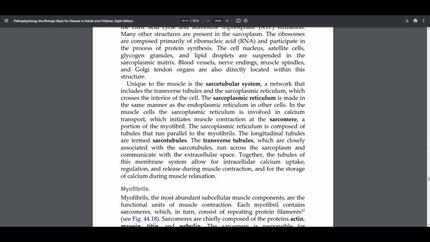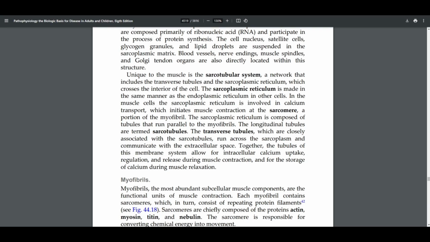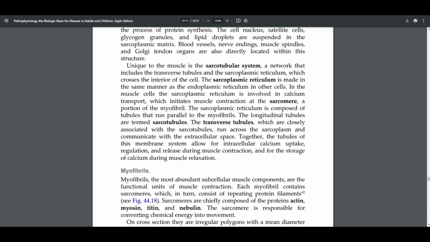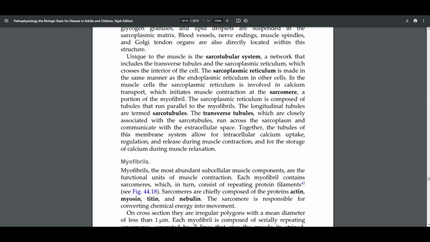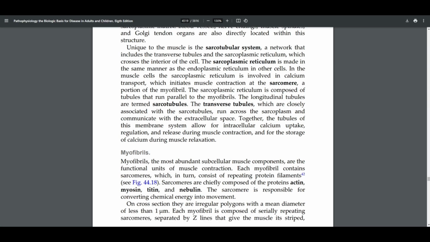The longitudinal tubules are termed sarcotubules. The transverse tubules, which are closely associated with the sarcotubules, run across the sarcoplasm and communicate with the extracellular space. Together, the tubules of this membrane system allow for intracellular calcium uptake, regulation, and release during muscle contraction, and for the storage of calcium during muscle relaxation.